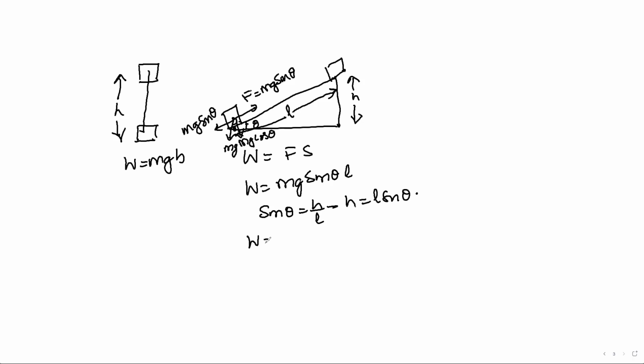Then work done equals mg h. You see here, if you move the body along this path or along this path, work done is the same. Now is work a path function or point function? Yes, here work is a point function.